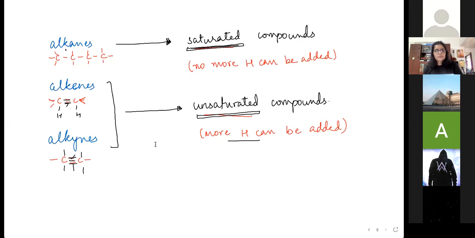And which of these three has more strength? Bond strength: double bond and triple bond are definitely stronger. Imagine a single bond, you can cut it easily. But if you have a thicker bond, with more atoms being shared, it's going to take a lot of energy to break it apart.